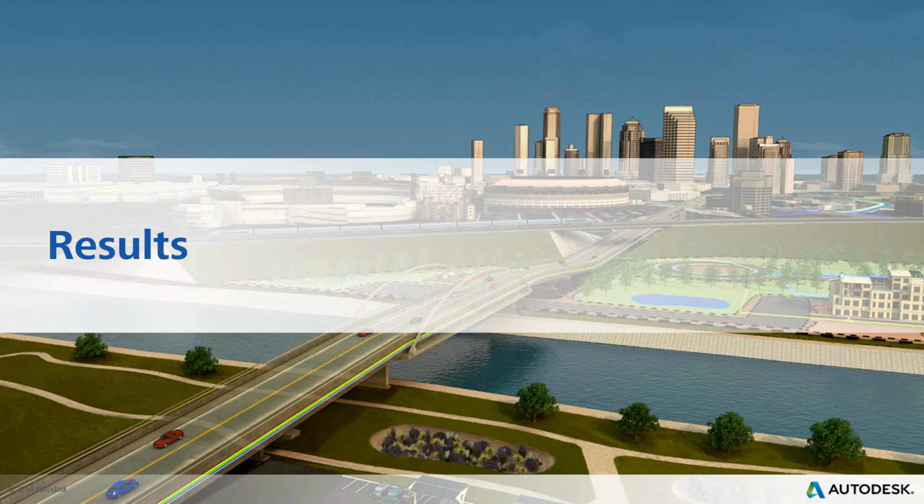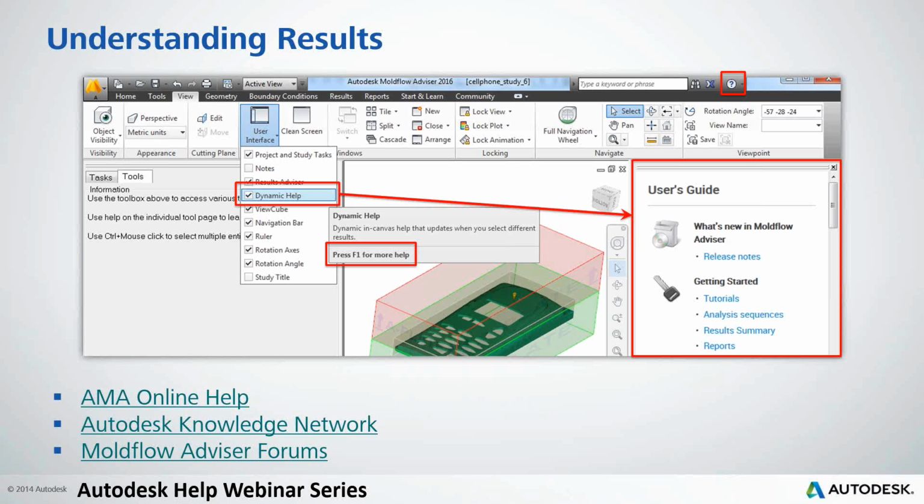Okay, so moving forward to results. One thing I wanted to bring up, I'm not going to go through each result and explain it there, because I wanted to show you the resources for understanding those, just in case you want to go back to refer to in the future. So if you go in Moldflow Adviser, there's an option for dynamic help.